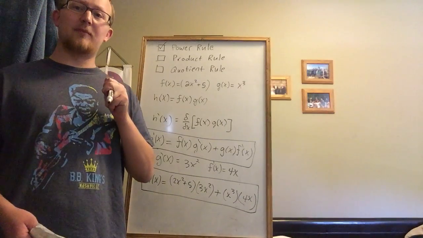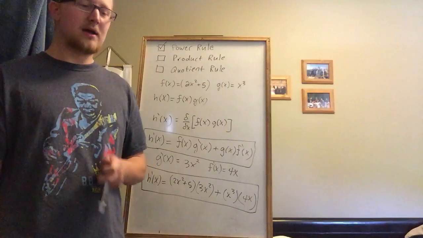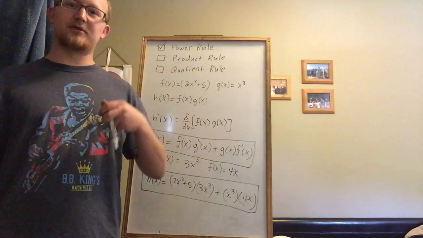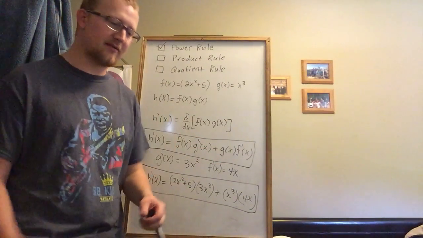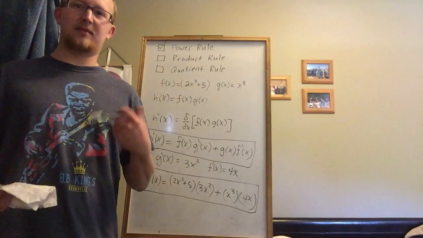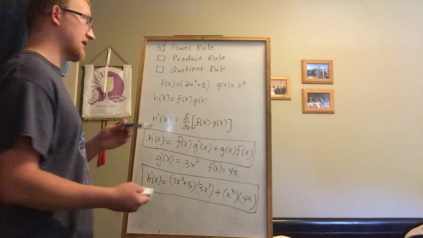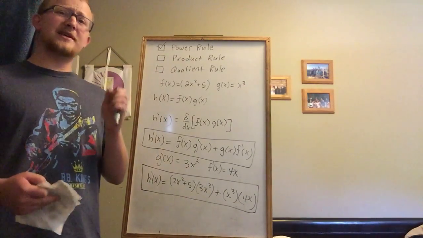And you may ask yourself, if we have a product rule, why do we even need a quotient rule? Because a product is just an inverse quotient, and a quotient is just an inverse product. So in other words, dividing is only multiplying by the reciprocal. And so why do we need a quotient rule? Well, the quotient rule isn't necessary.